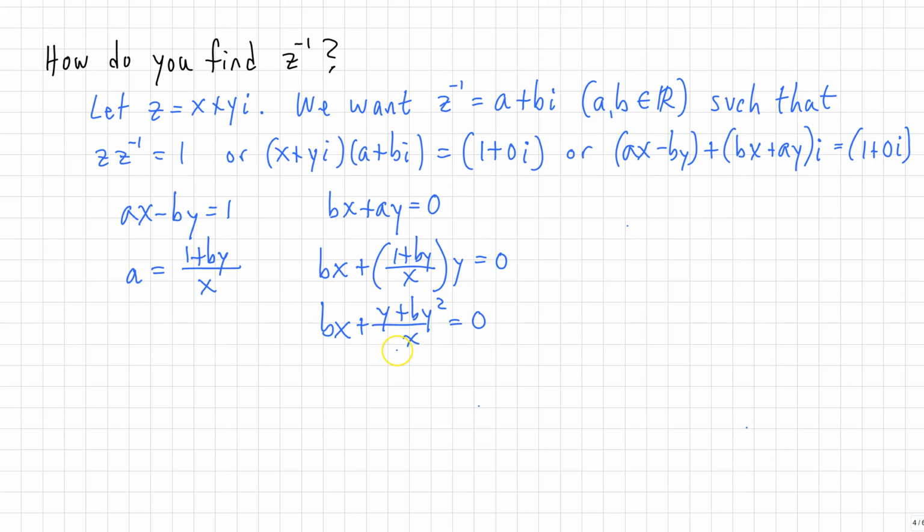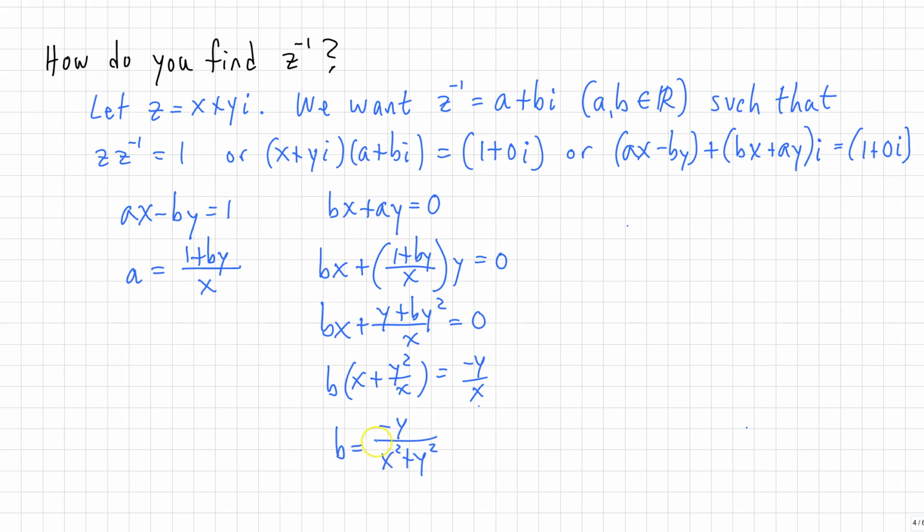Then I'm going to keep the parts that have a b on the left side and move the parts that don't to the right side. So that'd be bx plus by squared over x equals negative y. And then isolating b, we get negative y over x squared plus y squared.